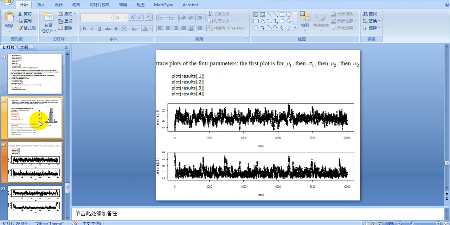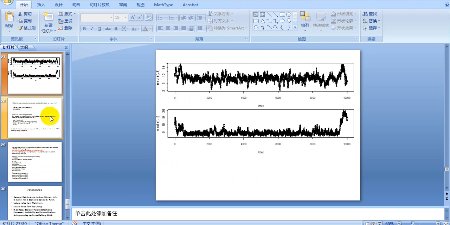And next, this is called the trace plot. We plot the trace plot for each parameter to check the burn-in. The trace plot for the 4 parameters: the first plot is for mu1, then sigma 1, then mu2, sigma 2, right? We can plot them and check the burn-in.